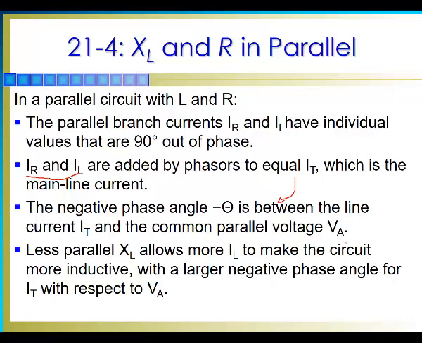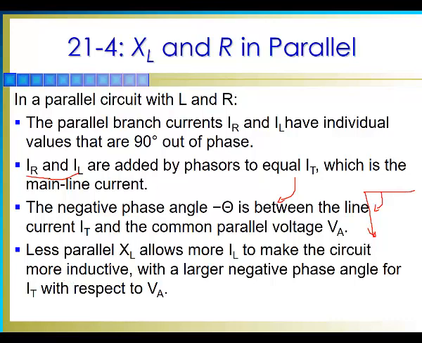We take the voltage as a reference, then the current will go down. That's the voltage, and then this will be the current. So whatever angle we get from here is going to go in this direction. That's why it's negative. It's nothing more than saying that this is the angle by which these two items are out of phase.